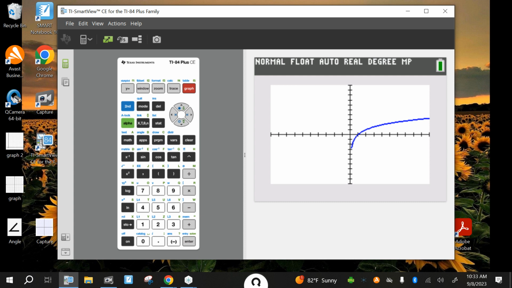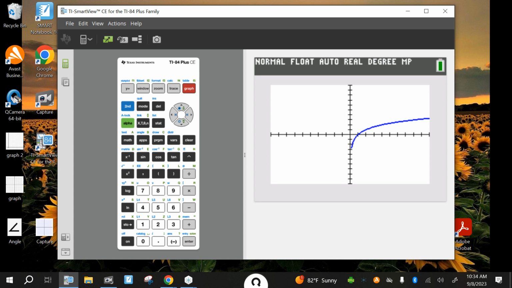Okay. Now, what's the first thing that we need to find? X-intercept. We can look here. It looks like the graph crosses at 1, but we can find the exact number. So everybody do this with me, because if you do it, then you remember how.